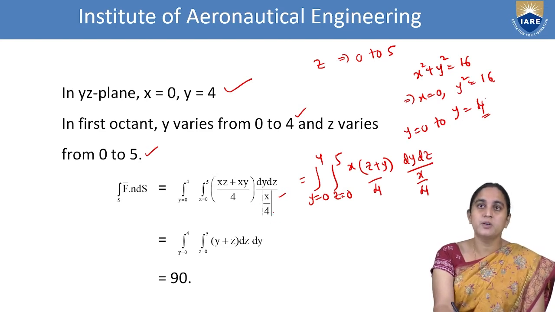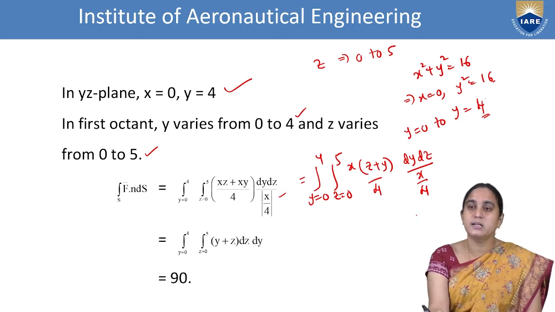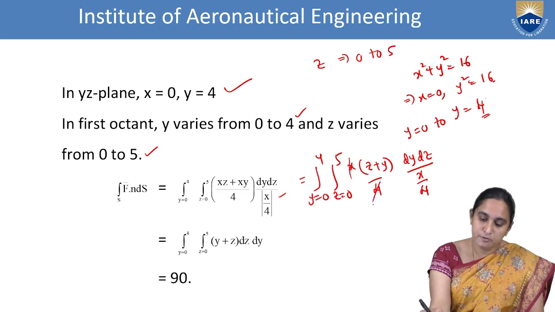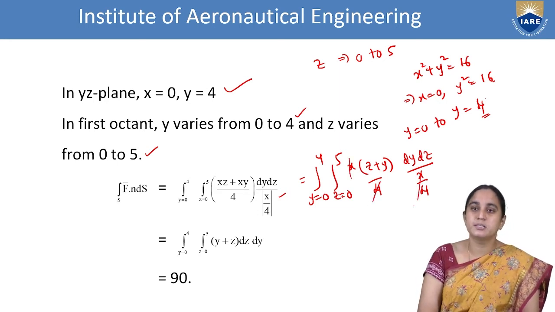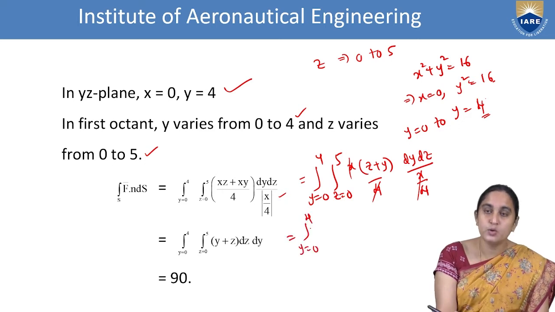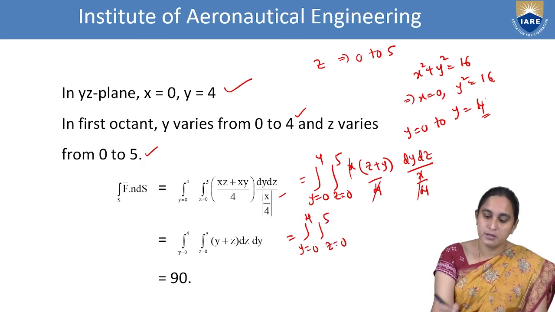But directly here we got n bar dot i bar as positive only. That means here I'll write that as x by 4, and this x by 4 is cancelled, right? Therefore, the integral y is equal to 0 to 4 and the integral z is equal to 0 to 5 of the function (y plus z) dy dz.